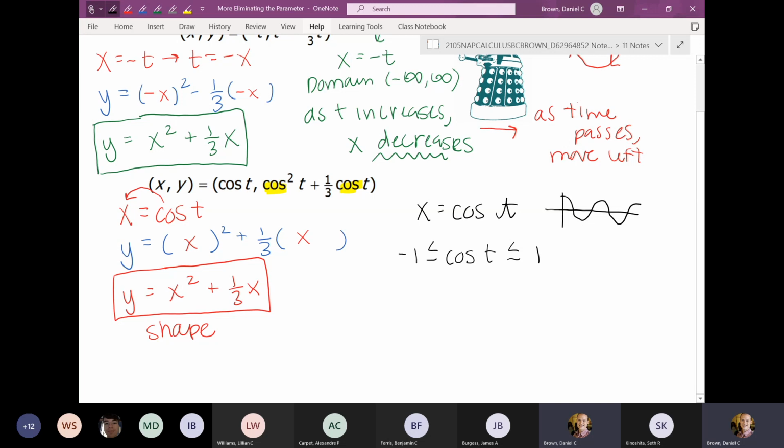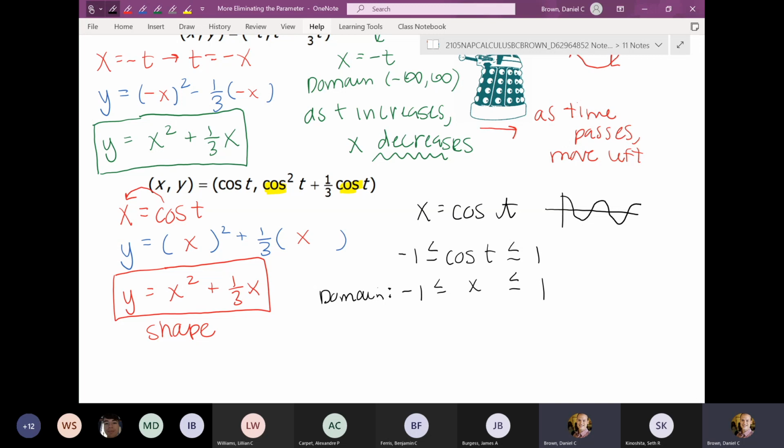Well, if x is cosine, then if cosine is stuck between -1 and 1, then x is also stuck between -1 and 1. And that ends up being the domain of this graph, which is why when we graphed it, we saw it was a quadratic, but it only happened between -1 and 1.